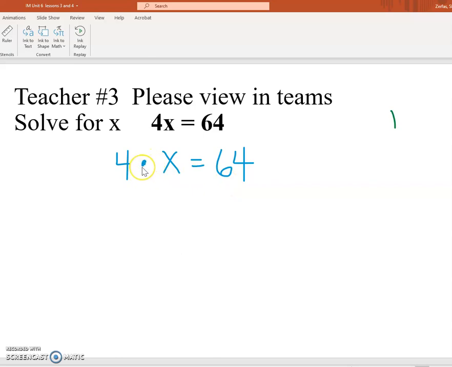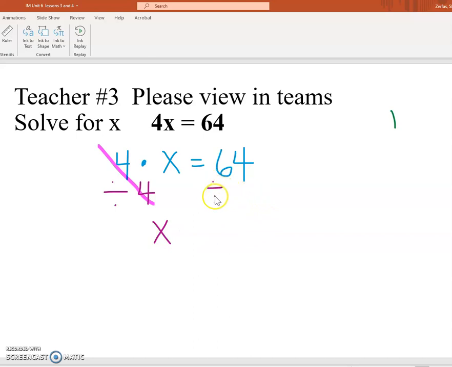And so to solve, in this one I have multiplication, so the opposite of multiplication will be to divide. Just like the ones with adding and subtracting, opposite operations cancel each other out, so I get rid of the times 4 and the divide by 4, and I'm left with x by itself.